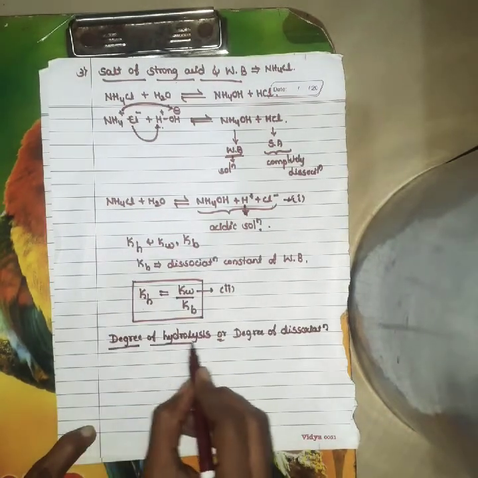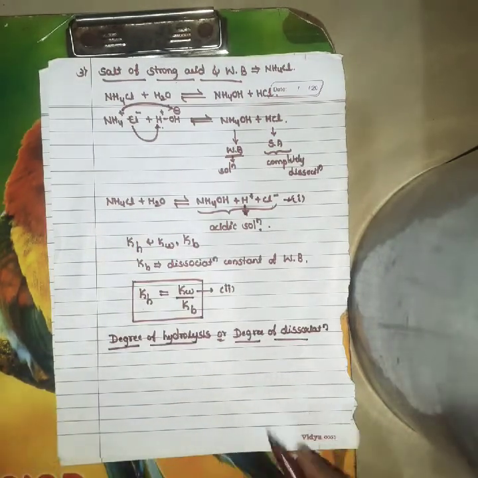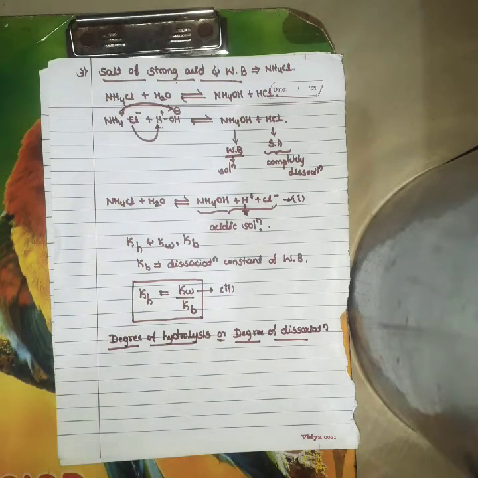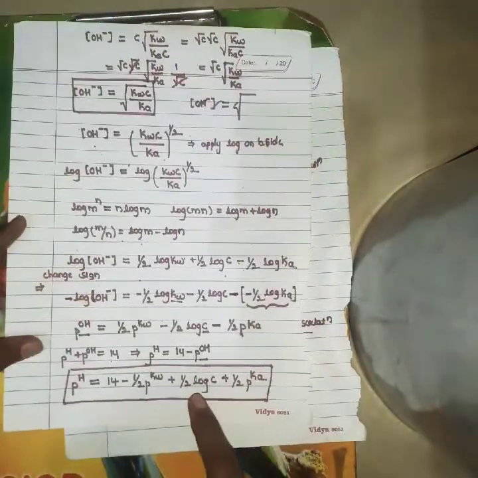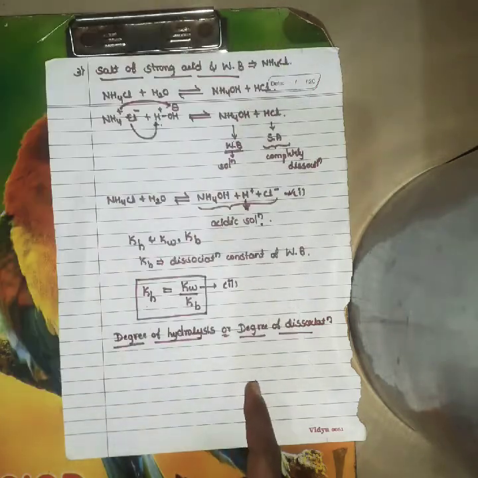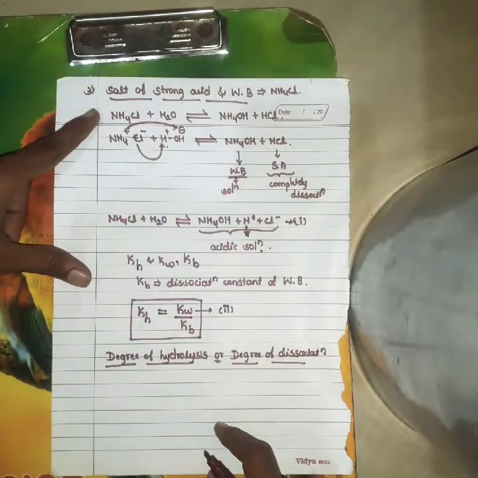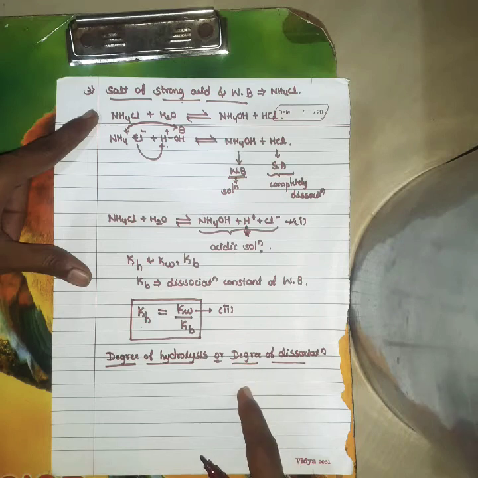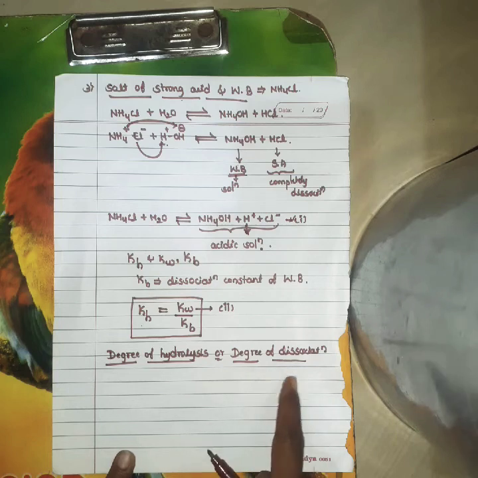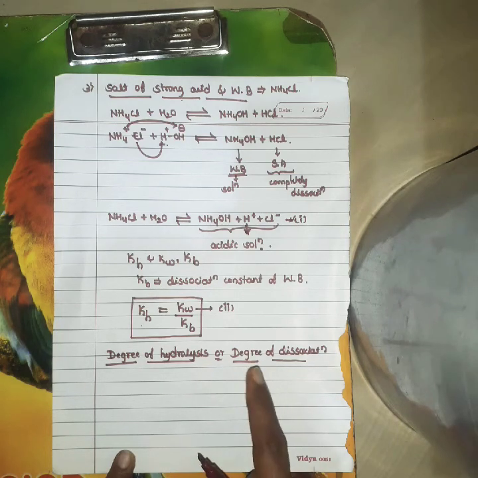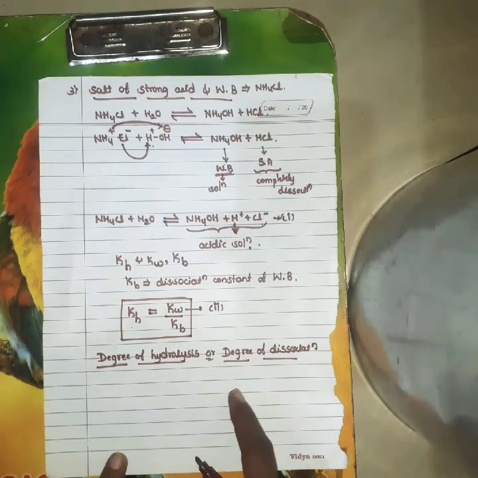I hope students you understood today's class: we calculated the degree of hydrolysis for weak acid and strong base, and also the pH of the solution. And continuing, the third salt is the salt of strong acid and weak base. Tomorrow, in the next class, we are continuing the degree of hydrolysis or degree of dissociation of salt of strong acid and weak base. Okay, thank you.